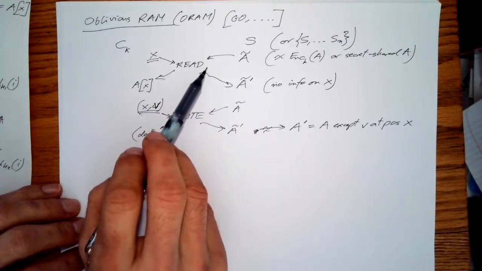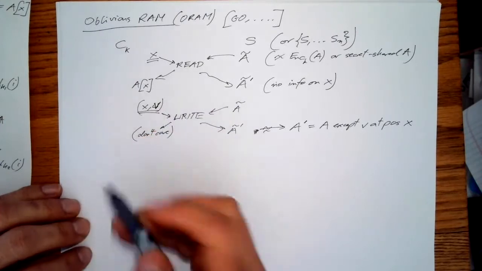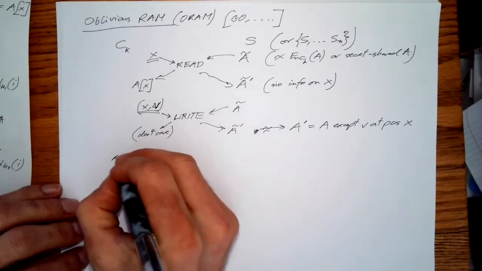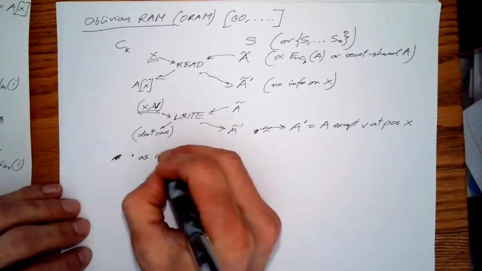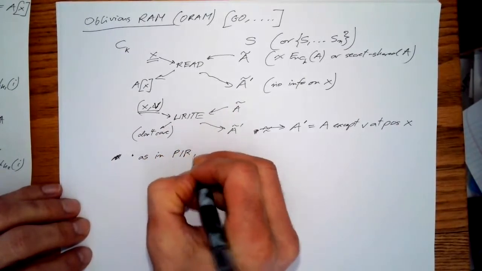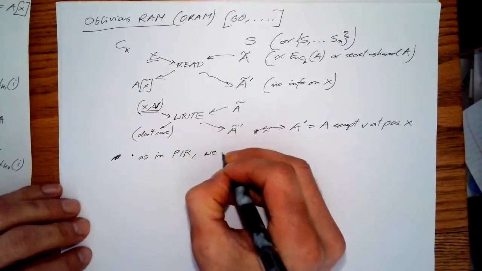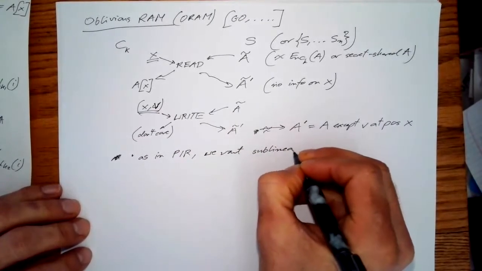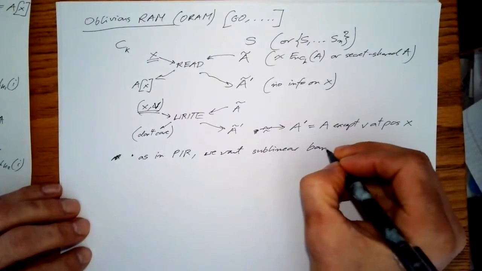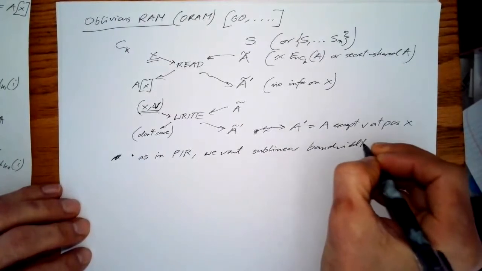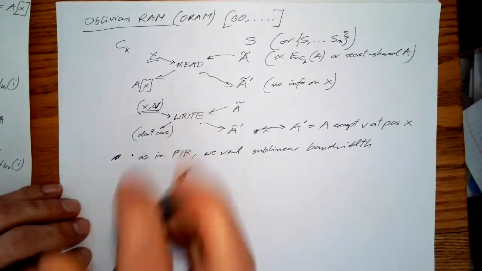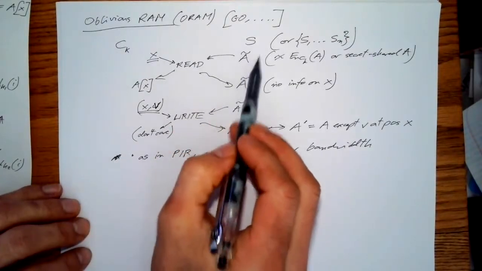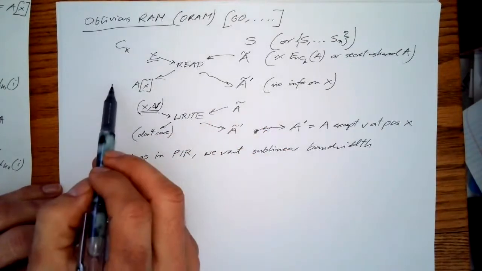How is it different from PIR? As in PIR, private information retrieval, we want sublinear bandwidth, because the trivial solution is that this encrypted memory is just sent over to this guy.